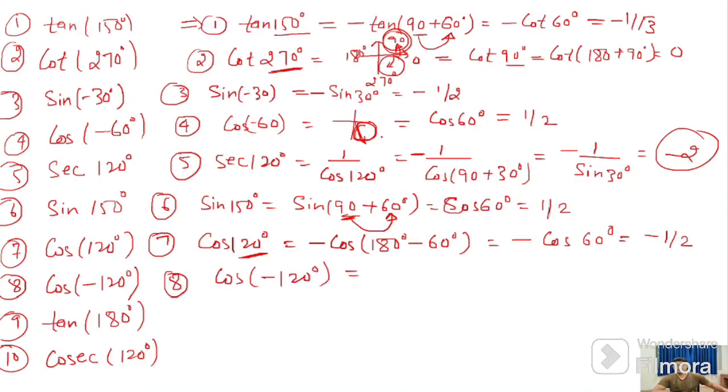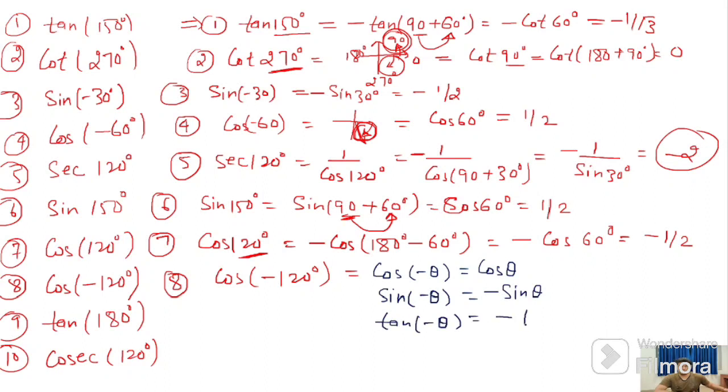Eighth, cos minus 120 degrees. Minus will be in this direction. So we use the identities: cos minus theta equals cos theta, sin minus theta equals minus sin theta, tan minus theta equals minus tan theta.